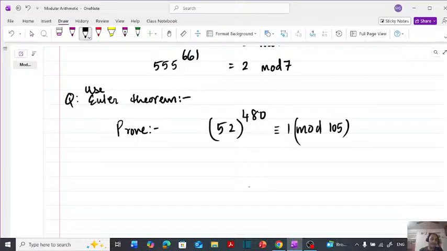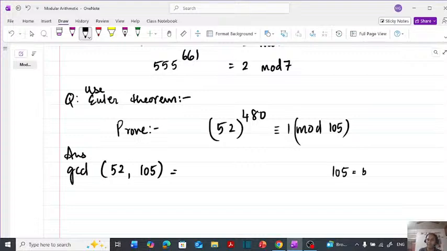So Euler theorem had one very nice thing in its mind, that GCD of the number a and n should be 1. So it is very evident 52 and 105 here. Let us see if there is any GCD. So first, if we can find the GCD here, we have to just see whether any common factor is there or not. So let us actually calculate. So it's going to be 105 and 52.